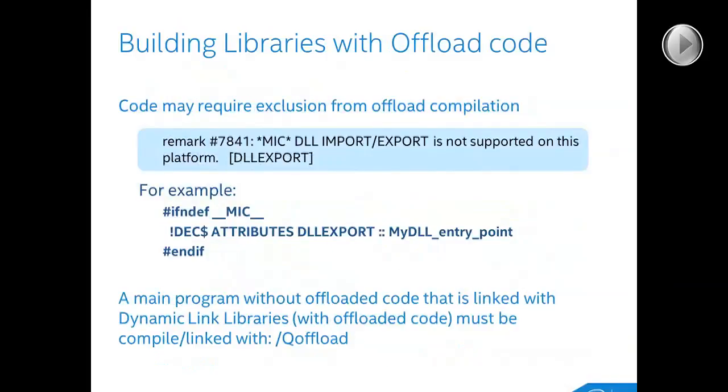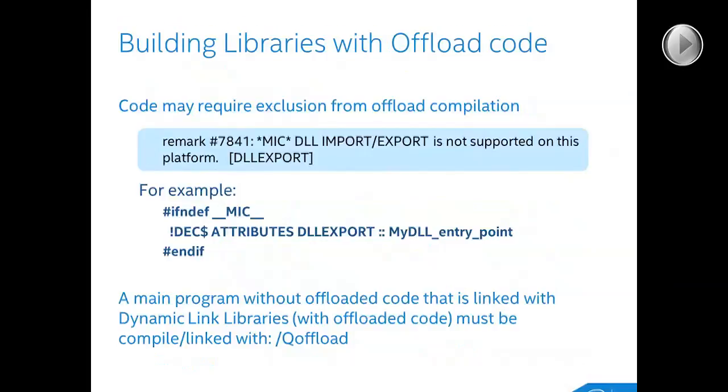One last word about libraries with offloaded code. I mentioned earlier about having Windows OS-specific features visible to the target compilation. I had an example where I was building a DLL, and I had used the attributes DLL export directive to export my entry point.